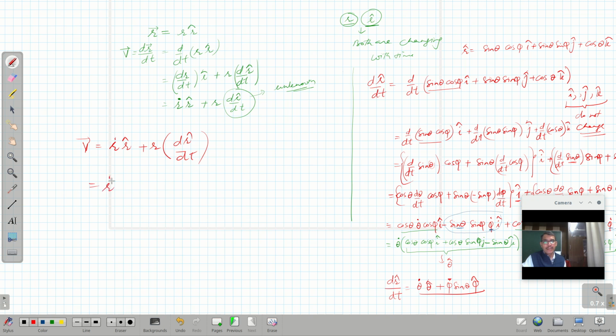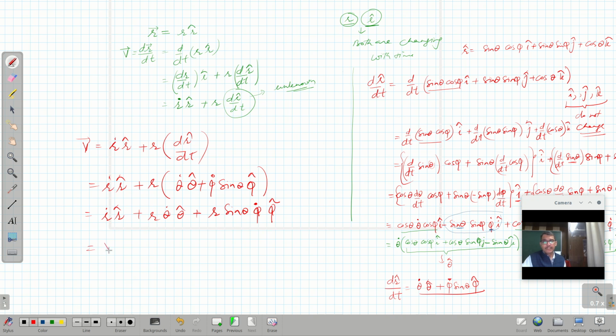So it is r dot r cap plus r, inside it theta dot theta cap plus phi dot sine theta and the phi cap. So this can be written as r dot r cap plus r theta dot theta cap plus r sine theta phi dot phi cap.